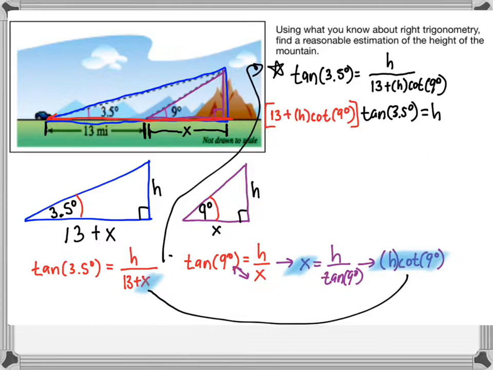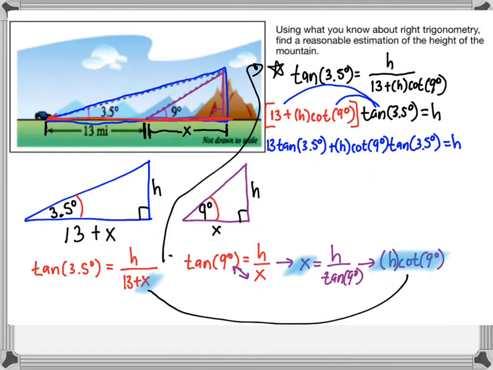Then I'm going to use the distributive property, because my aim is to get all of the H's on one side so I can solve for it, but it needs a little bit of algebra, making things worse before it gets better. After it's all distributed, it looks like that, and this term has the H in it, so I want to move the entire thing over to that side.